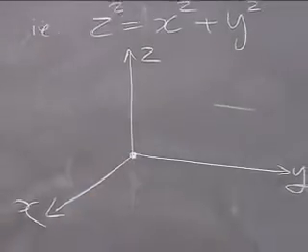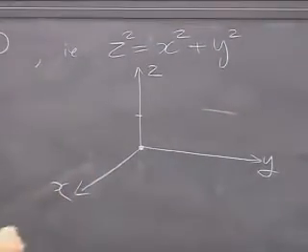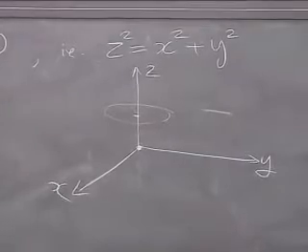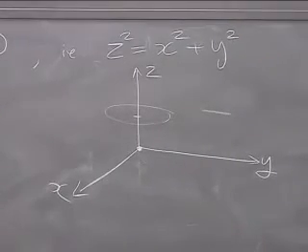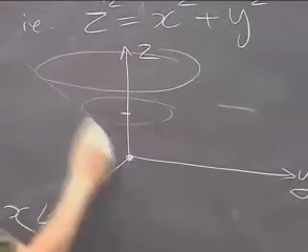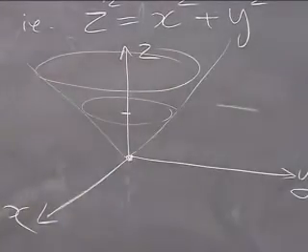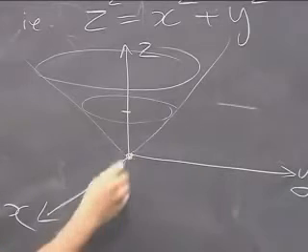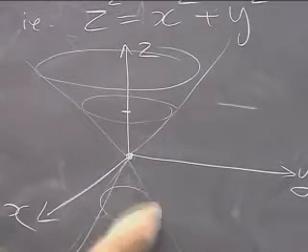When z equals 1, we get x squared plus y squared equals 1, which is a circle of radius 1. When z equals 2, we get x squared plus y squared equals 4, which is a circle of radius 2. And in general, the radius will equal z. Unless, of course, z is negative, in which case the radius is the absolute value of z. So this is just a cone.